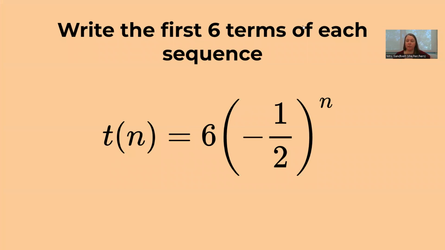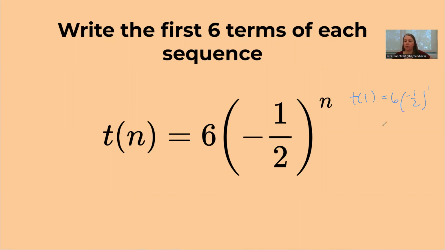All right, this one, find the first 6 terms of this sequence. So again, I can go ahead and say, all right, well, my first term would be 6 times -1/2 to the first. So 6 times -1/2 is -3. And then for term 2, I could plug in 2 and say, okay, well, that's 6 times 1/4. So that's 3 halves.